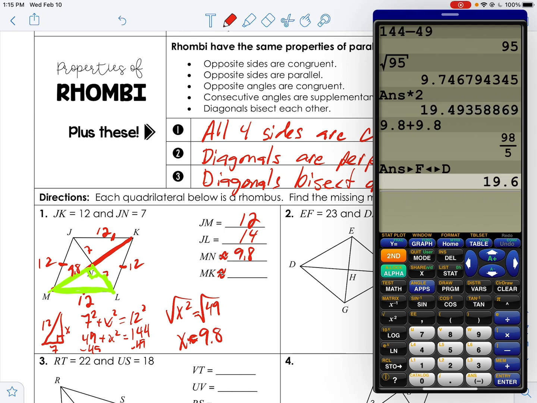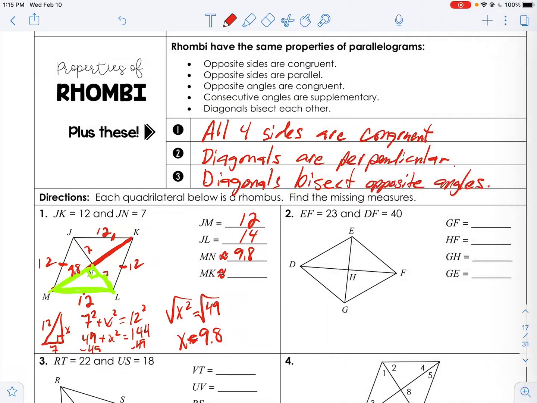But if I round it to 9.8 and add together, I get 19.6. Goodness. So let's say 19.6. We got them in.